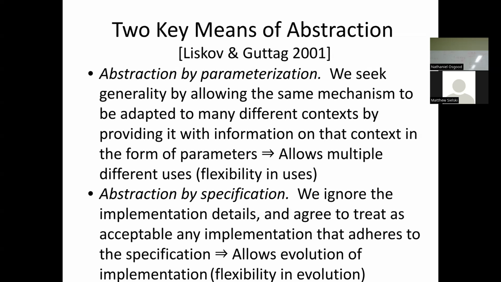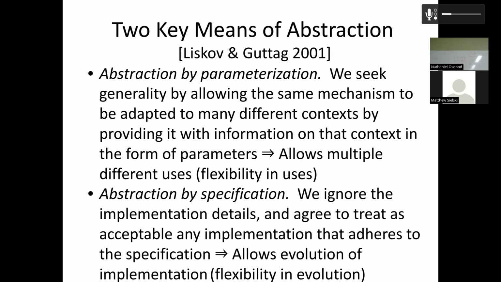That should be familiar. So in the context of object-oriented languages, abstraction by parameterization has some special kind of structure to be able to pass in things that are subtypes of the parameter. But what I wanted to concentrate on in this lecture, and I also tried to hit really strongly at the end of the last lecture, was this other type of abstraction. It's abstraction by specification. And here, we're not handling many particular cases by having parameters that encode the particulars of the situation, the particular vectors to be added.